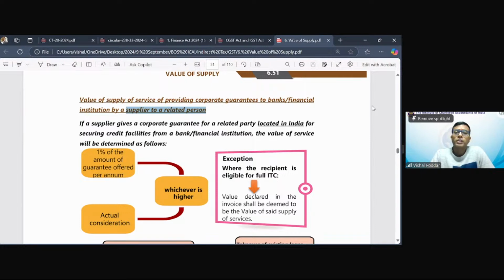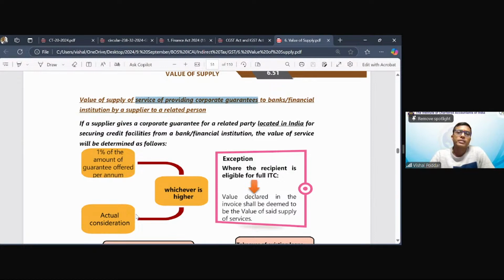What is this service? This service is the service of standing as a guarantee, which is also called corporate guarantee. So here, the director has given a service to its company. What is the service it is giving to its company? That it is standing as a guarantee for its company in case of a loan given by the bank.